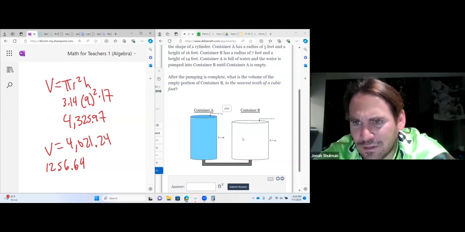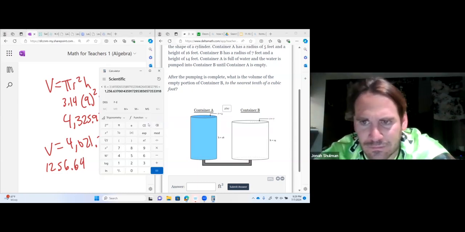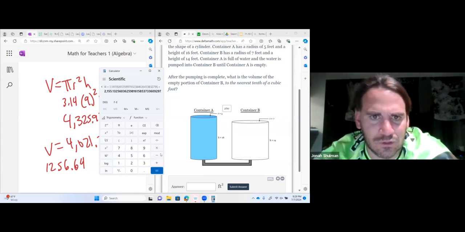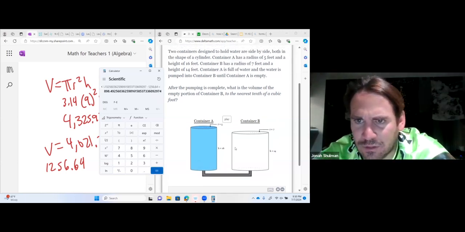The other one is 49 times 14 times pi. And we're going to subtract 1256.64. And they just want to know after pumping.